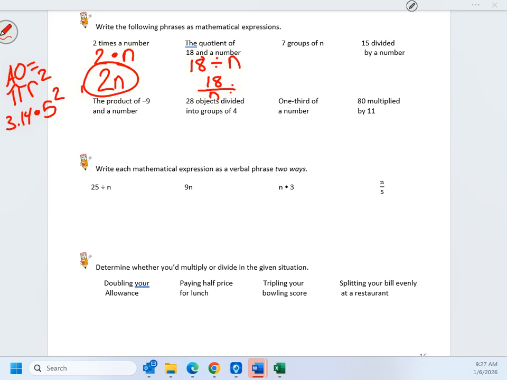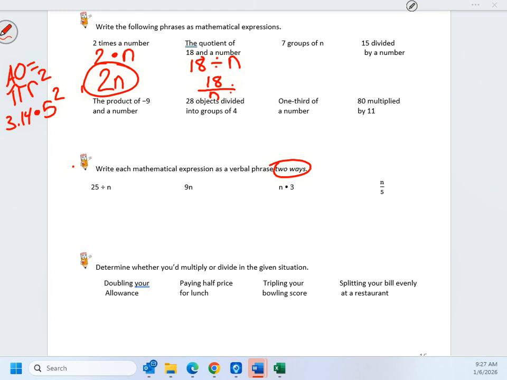You're going to do the rest on your own. Down here it says write each mathematical expression as a verbal phrase in 2 ways. So remember we talked about that yesterday, how with those verbal phrases, you can use any of the ones in that chart up above. So use 2 of them, okay?